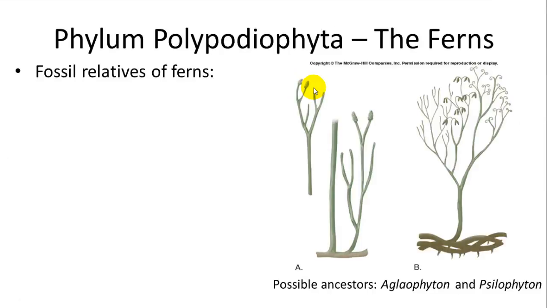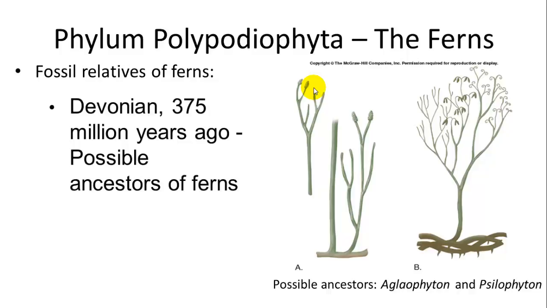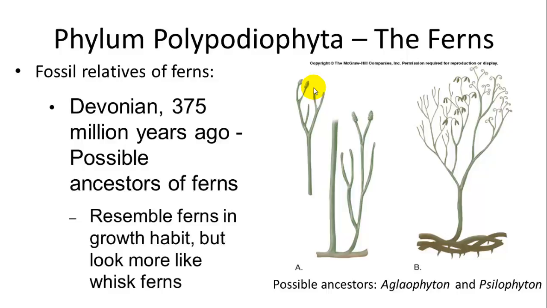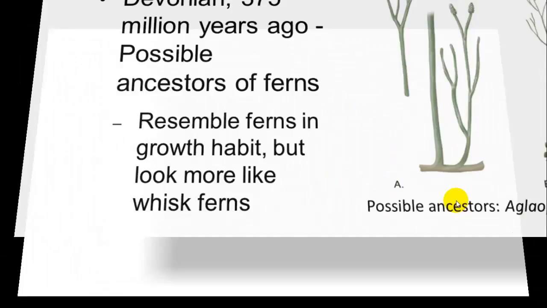All right, so there are many fossil relatives of ferns that show up in the fossil record, approximately starting in the Devonian, which is 375 million years ago. These are the likely ancestors of true ferns today. They look more like whisk ferns, but they were probably just the typical ancestors of our ferns today.